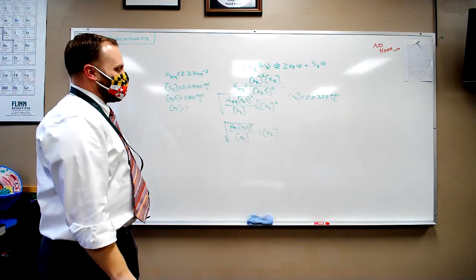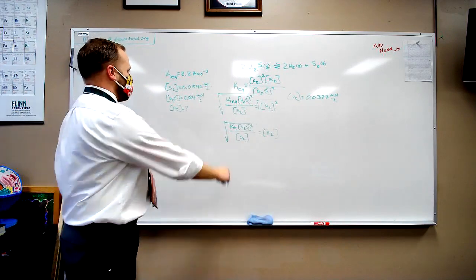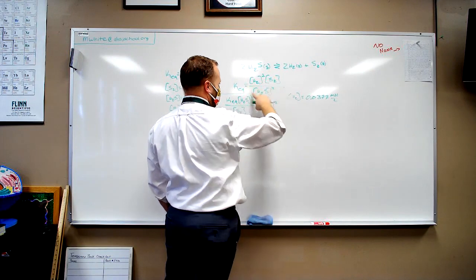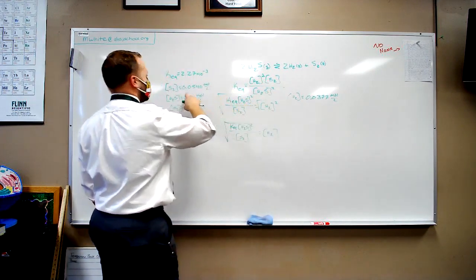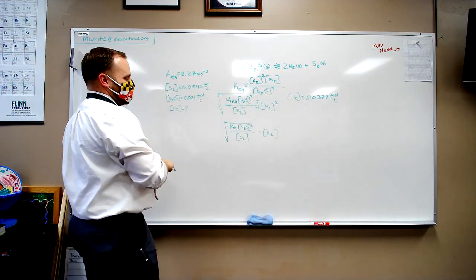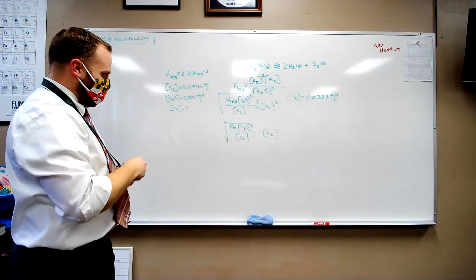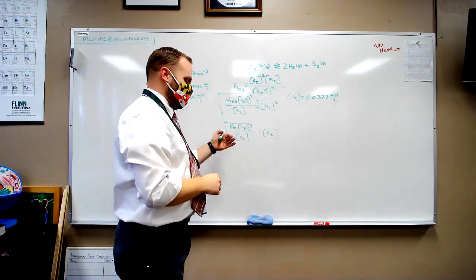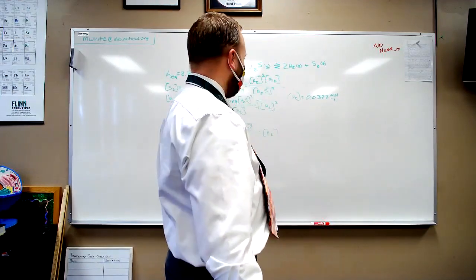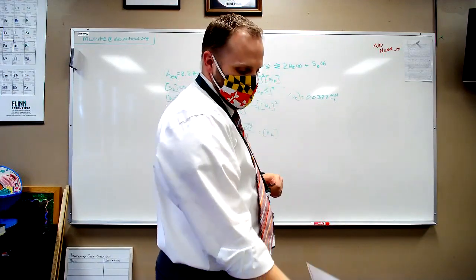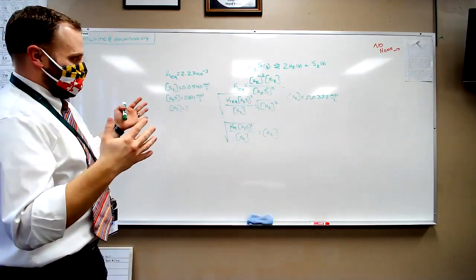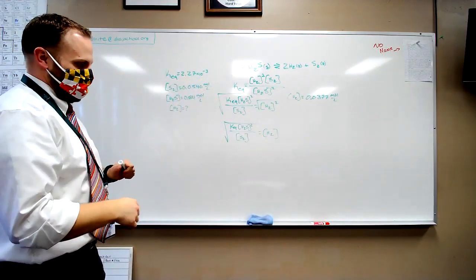If you want to double check your work, take these values plus the one that you calculated and put it in here, and you should get this. That way you can make sure you didn't do algebra incorrectly or hit a button wrong. Really, that's very similar to a lot of things that we've been doing all year with algebra. You have a certain number of things in the problem, and you'll be given all but one.